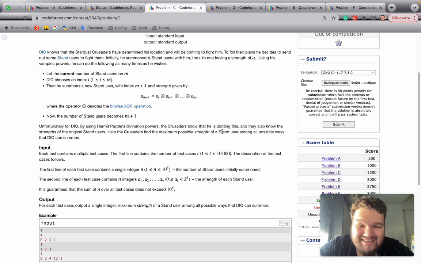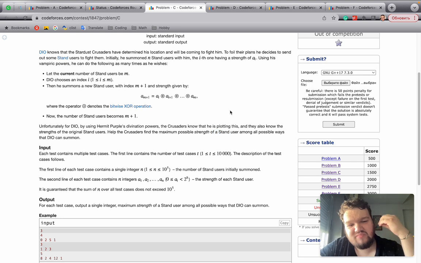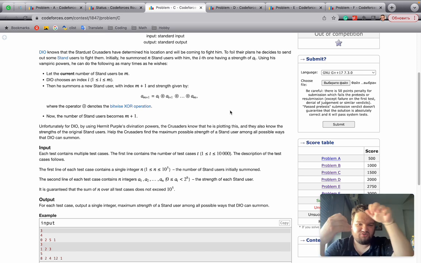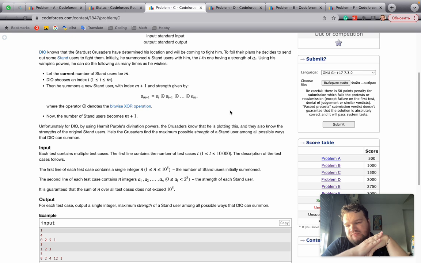Who wrote that? So I guess we want to maximize the maximum element of the array. So we can add new elements, and we want to find the maximum element we can make that way.